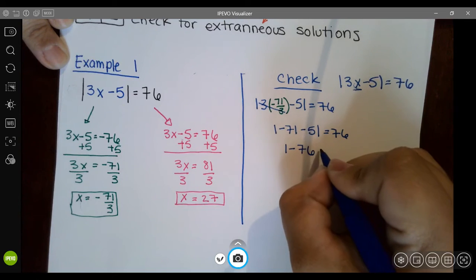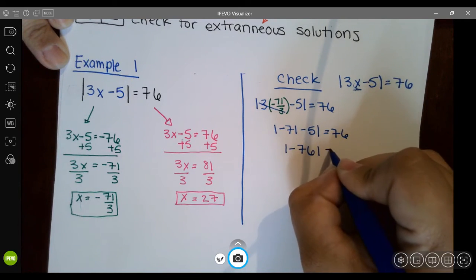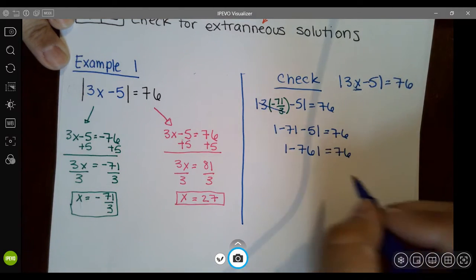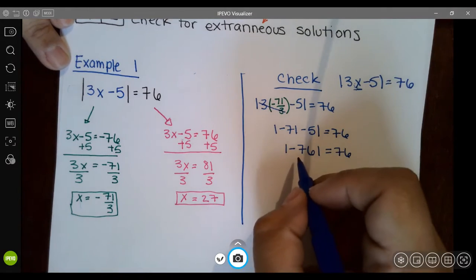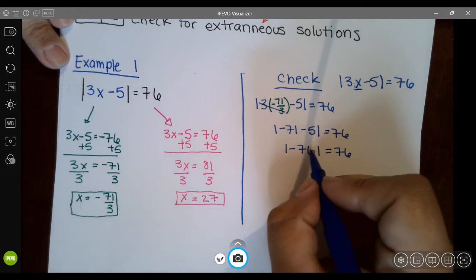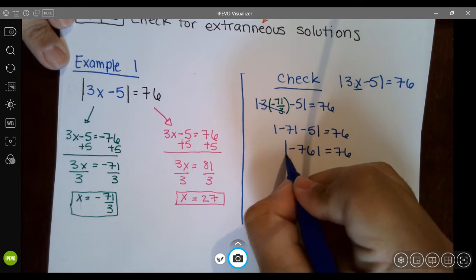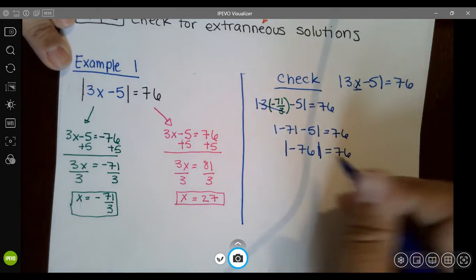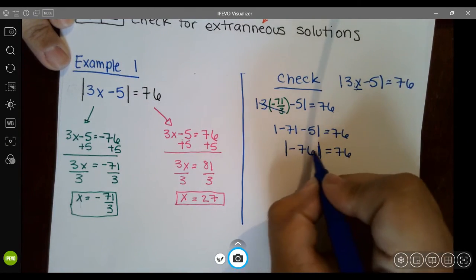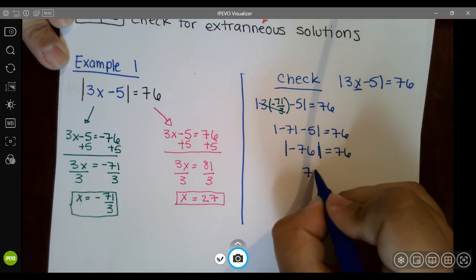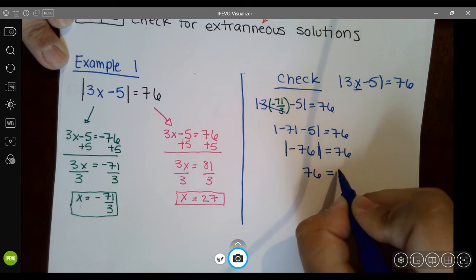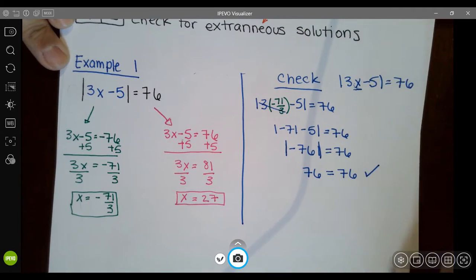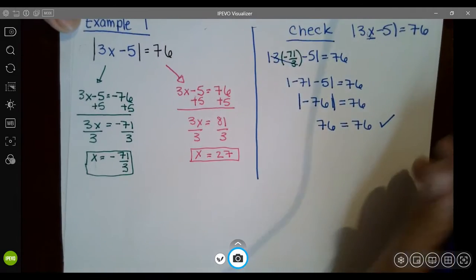I had to count that for a little. And then equals 76. And now remember what we had said the very first day that we studied absolute value. Absolute value is a distance, and distance is always positive. So another way of writing the absolute value of negative 76, remember that's going to be positive 76. And we see that this checks out, so there it is.